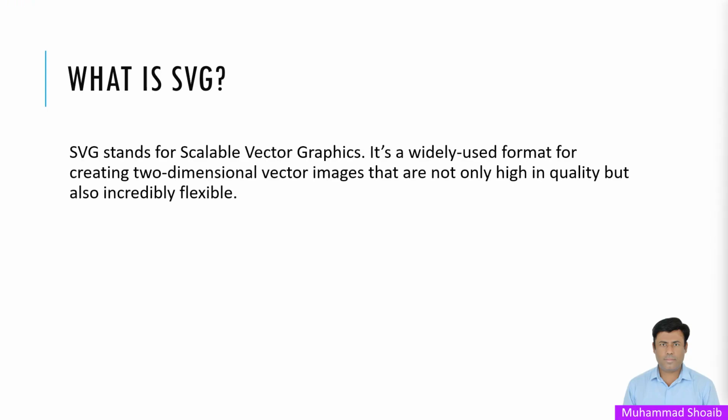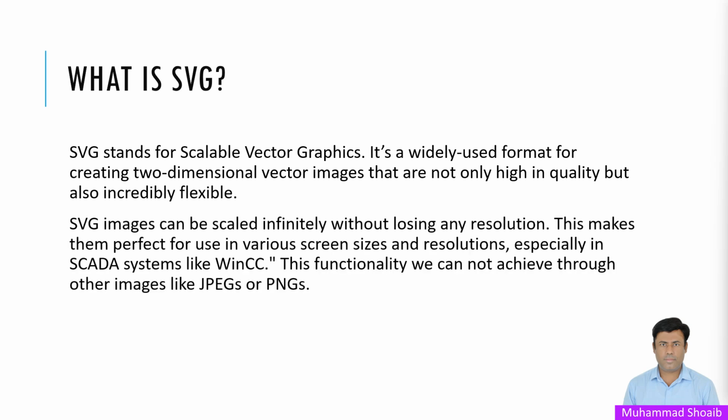So what is SVG? SVG stands for Scalable Vector Graphic. It is a widely used format for creating two-dimensional vector images that are not only high in quality but also incredibly flexible.